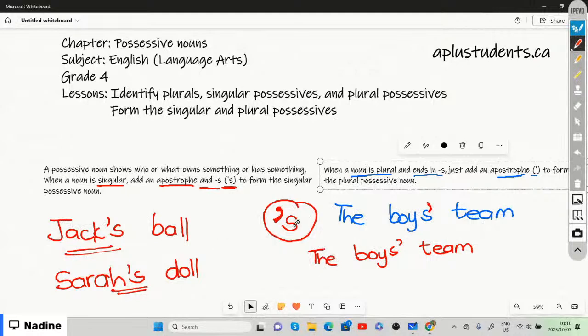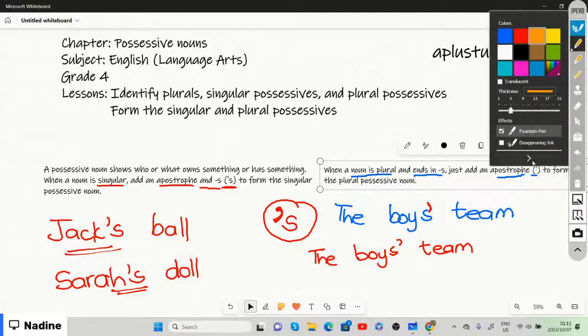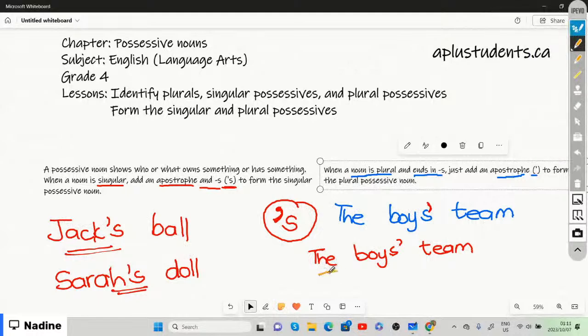If you don't put the apostrophe at the end, and you just say, for example, the boys team, without the apostrophe, then this just shows that it is plural.